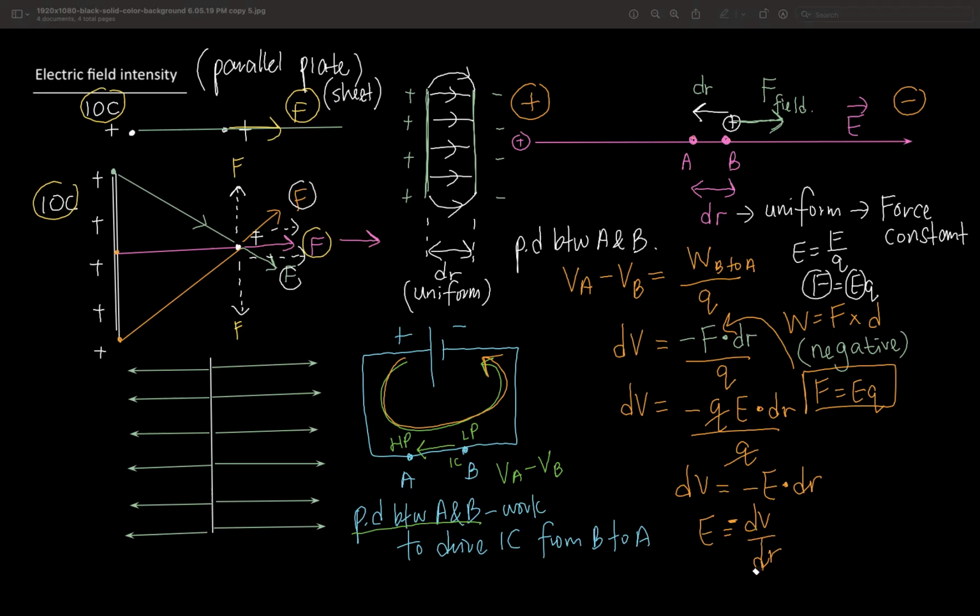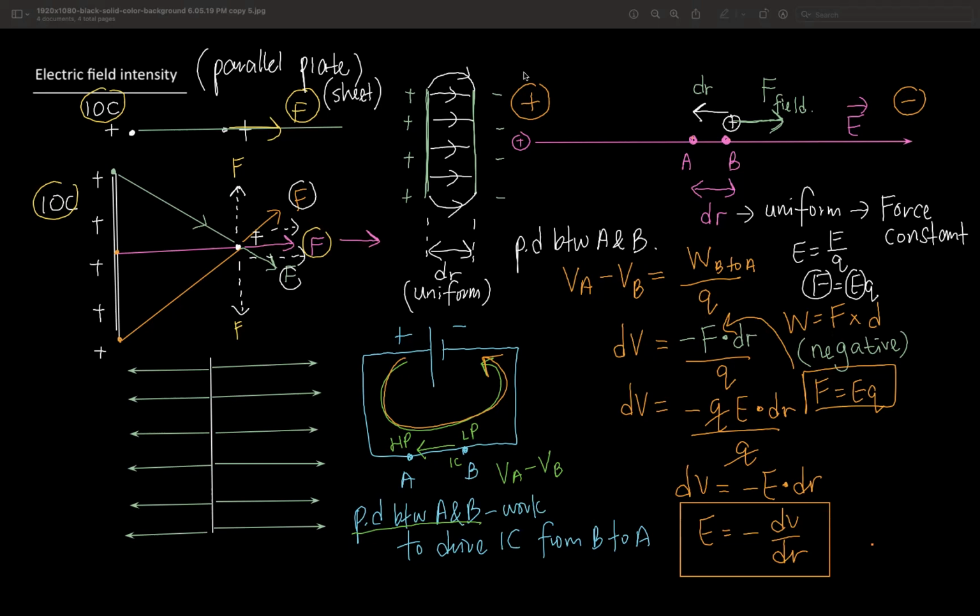Let me write that clearly: E equals minus dV over dr. Please remember this equation. This is a very important equation. What does it say?